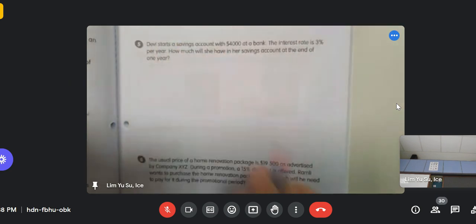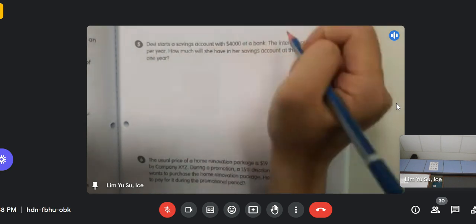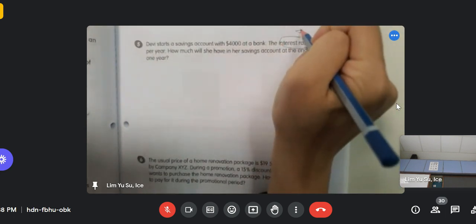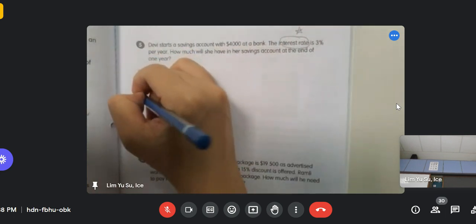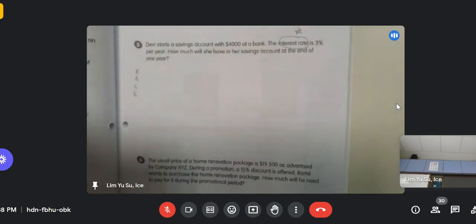Okay, can you tell me if this one is interest or GST? Page 91. Interest, very good. Page 91, question 5.